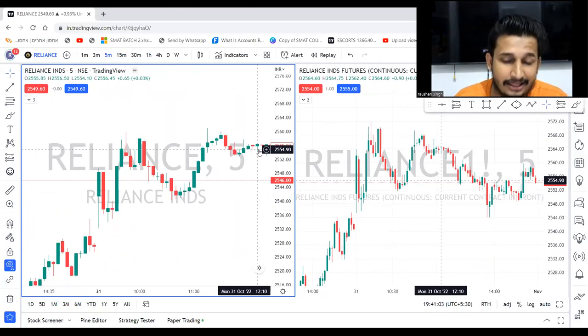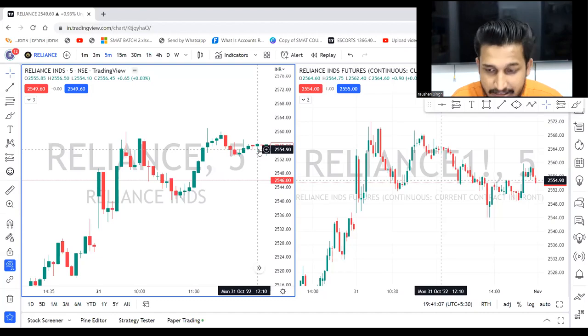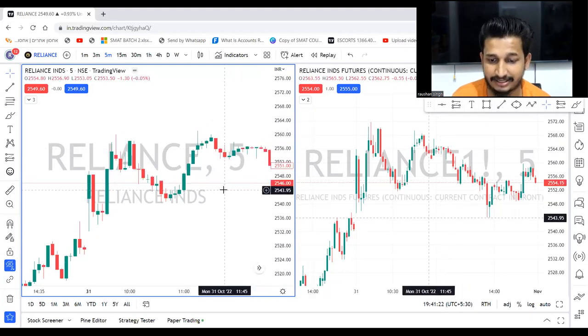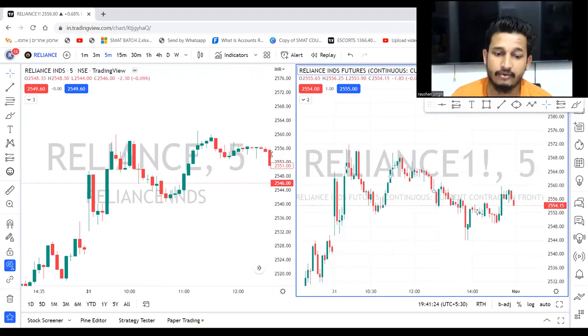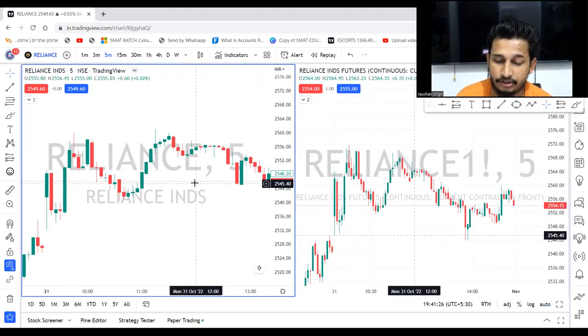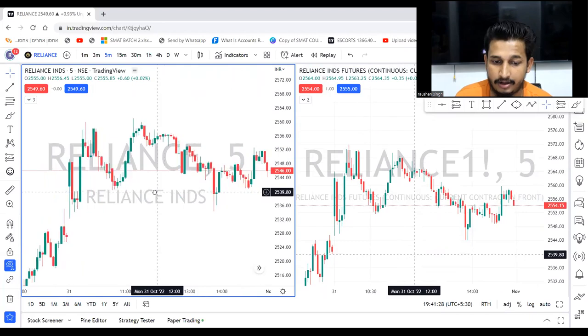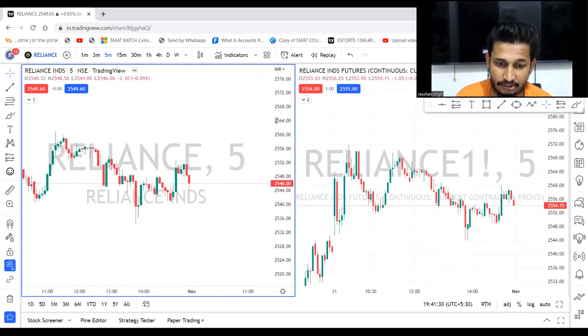So understand, the derivative segment consists of two things, futures and options. A future is a contract where buyers and sellers meet and agree to buy at a certain price and sell at a certain price, which I'll be telling you. The first point you have to understand is that a future's movement follows its underlying asset, which you can directly see.